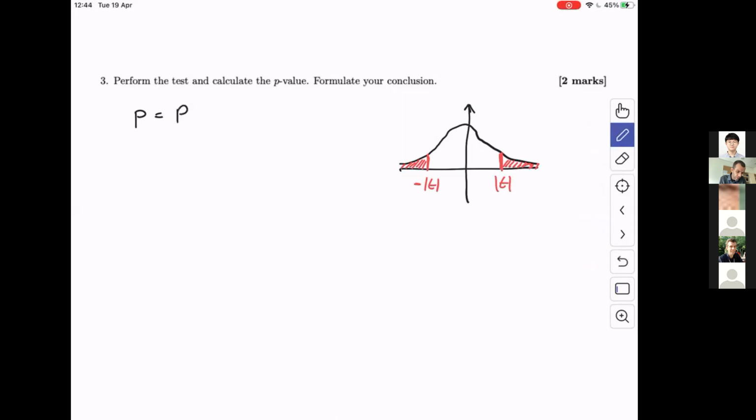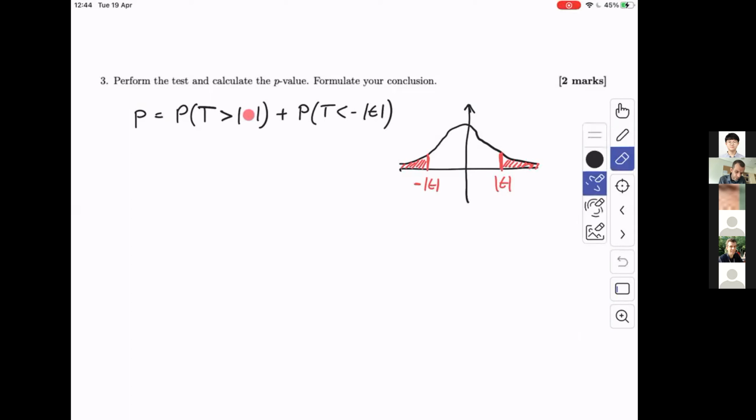So it's going to be the probability that my test statistic is even bigger than what I see, plus the probability that it's less than negative my test statistic. There should be Z everywhere.